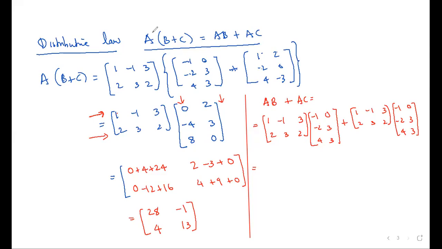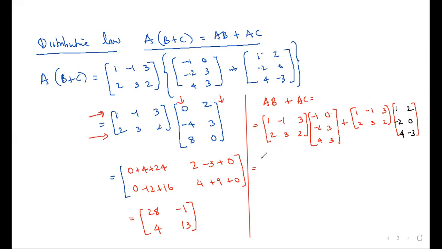Sir, C element will be 1, 2, minus 2, 0. C is 1, 2, minus 2, 0, yes, dear. D is 1, 2, minus 2, 0, 4, minus 3.